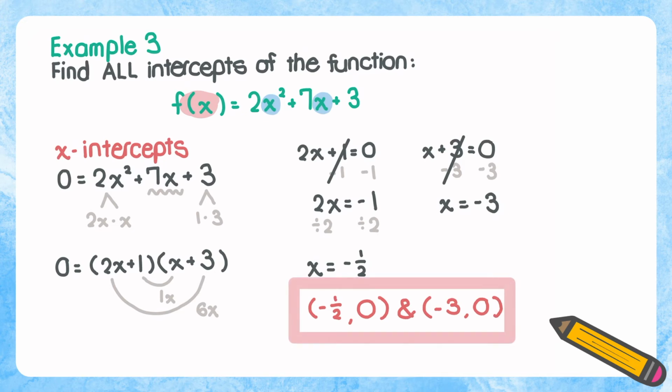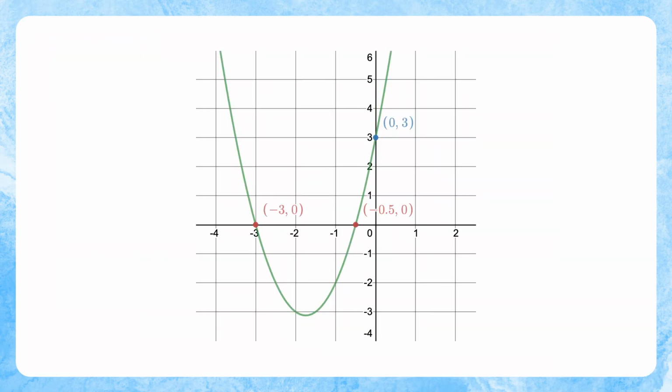So like the other examples, I set y equal to 0 and found x in order to find the x-intercepts of this function. Here's the graph. Notice that we have two x-intercepts, one at negative 3, comma 0, the other one at negative 0.5, comma 0, or like negative half, comma 0. And then our y-intercept is at 0, comma 3.